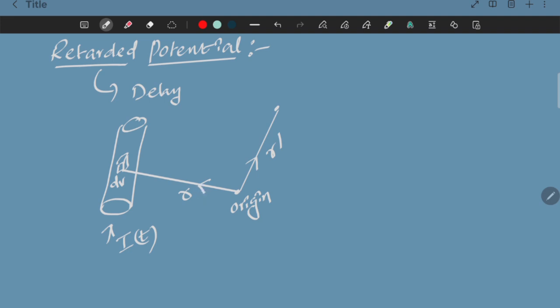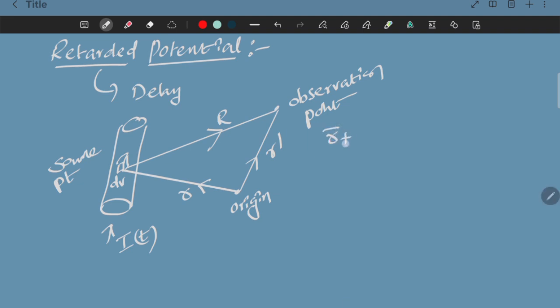Then the distance between the observation point and the source point is, I'm considering like capital R. So as per vector addition, I can take r bar plus capital R bar is equal to r dash bar.